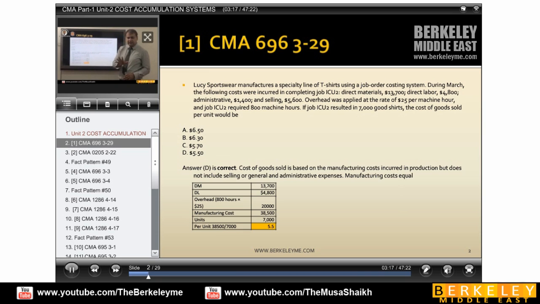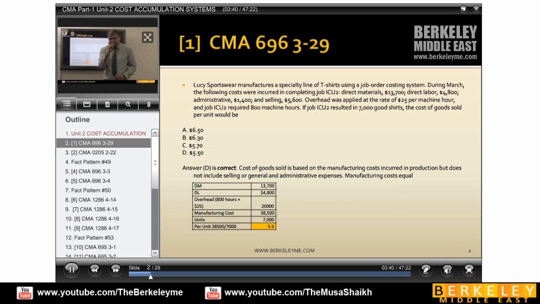Non-manufacturing overhead has nothing to do with the cost of goods sold. But if we change the question, and I say calculate the total cost, then I have to take all costs, this cost also and the other. So it's a little tricky part.